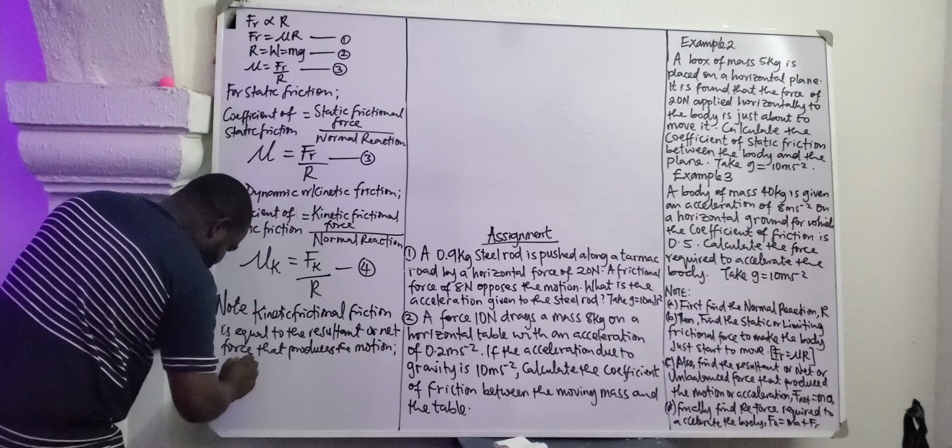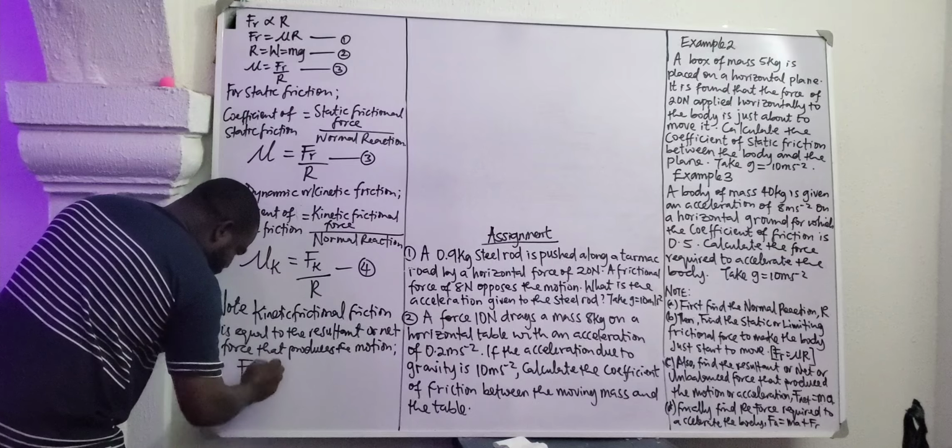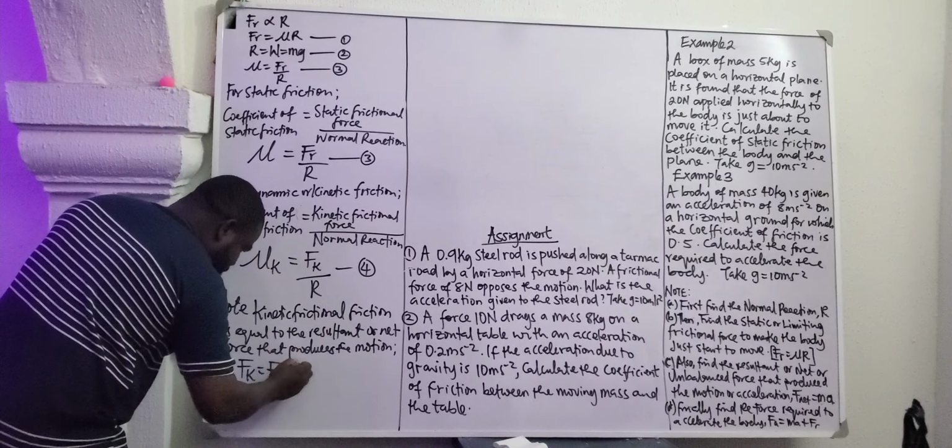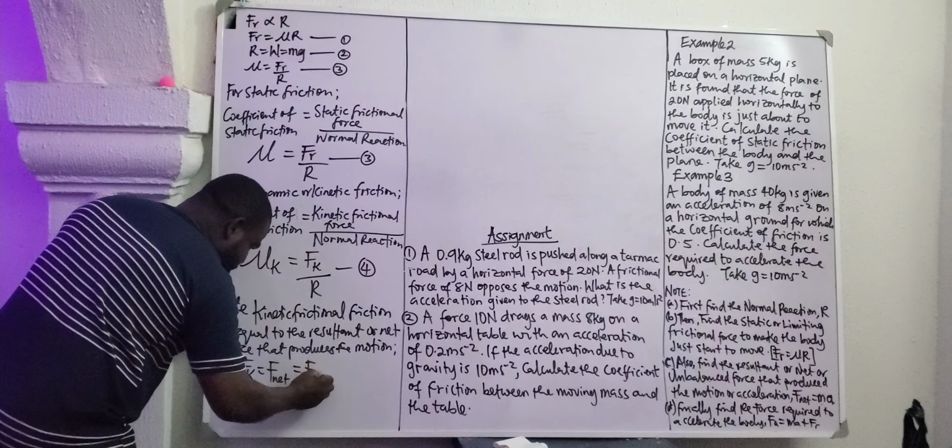So what am I saying? I'm saying Fk is equal to F net. If you don't say F net, we'll say F resultant.